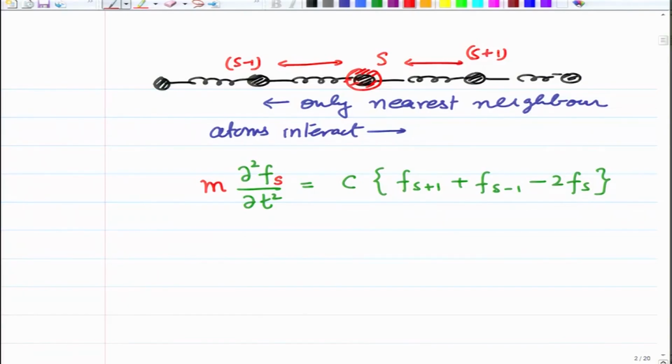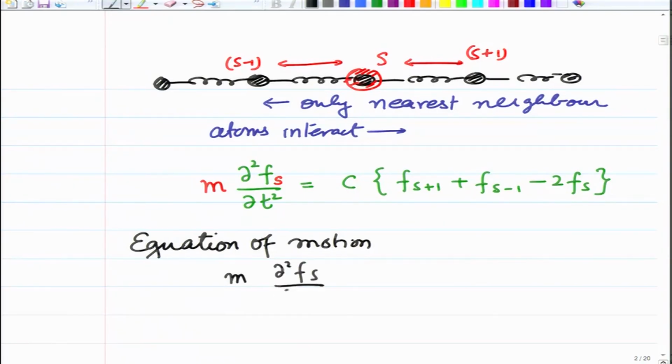So, let me write it again in the same color. The equation of motion for this atom at the sth site is d2f s over dt square is equal to c, where c is the spring constant, so to speak, times f s plus 1 plus f s minus 1 minus 2 f s.